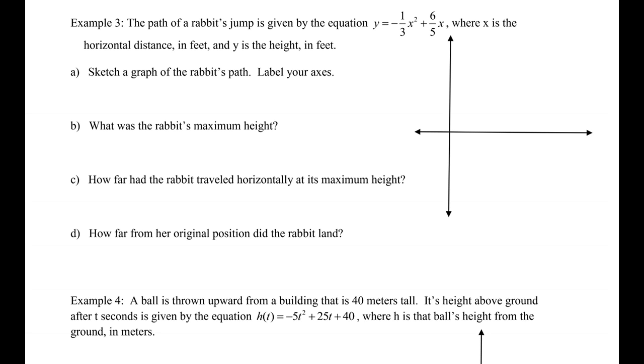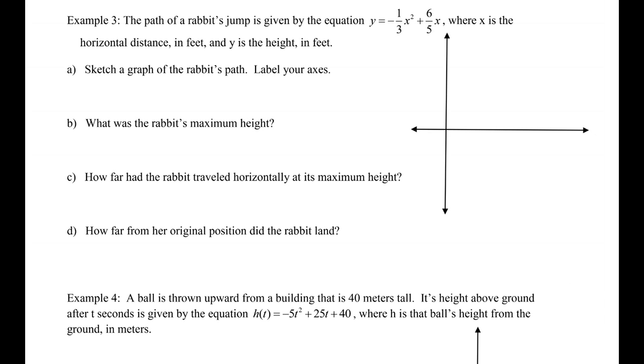So knowing that this is my x-axis, I know that this is going to represent my distance, and that's going to be measured in feet. And the y is going to be the height in feet. So when it tells you to label your axes, this is what it means.